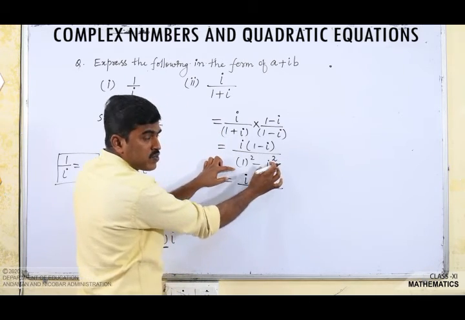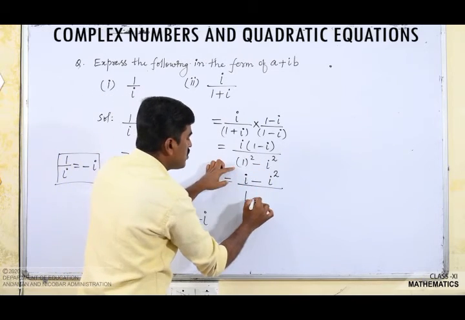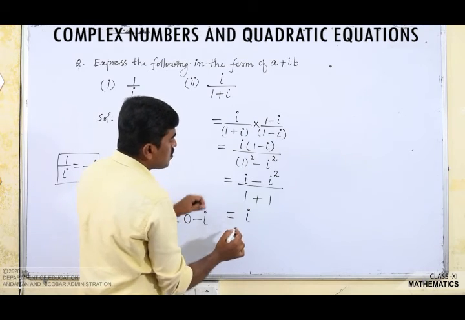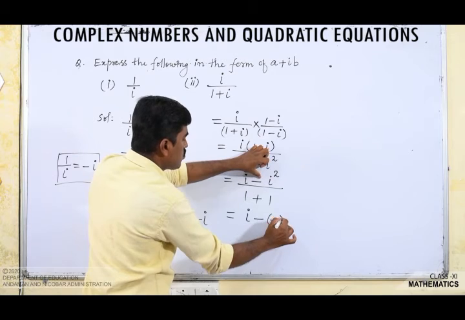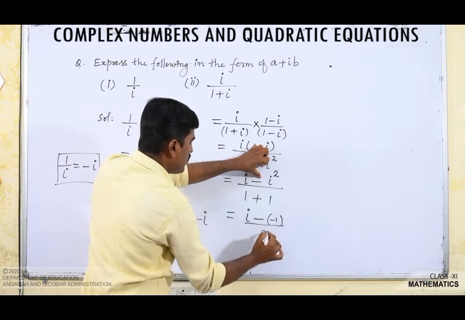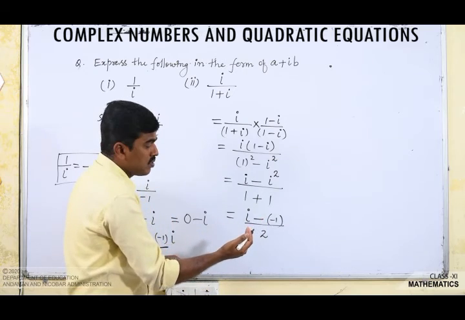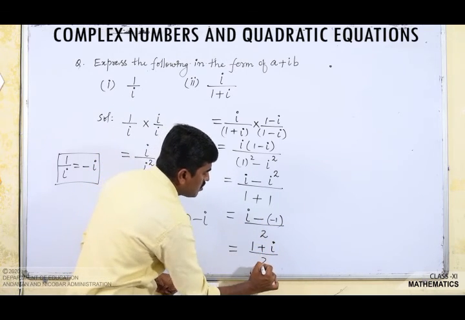What is the value of i square? i square is equal to minus 1. So here 1 minus is there, so it will be plus 1. So now this is equal to i minus, what is the value of i square? Again it is minus 1, divided by 1 plus 1, 2. So here we will get i plus 1. So i plus 1 we can write as 1 plus i divided by 2.